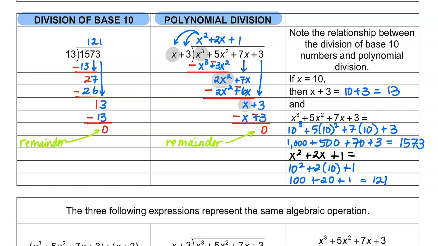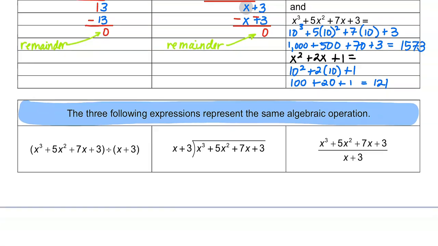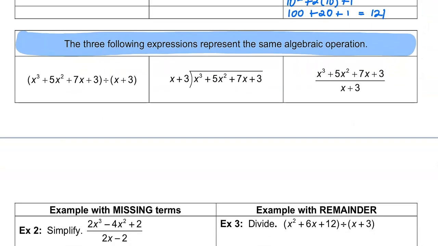Okay, so then you'll see here the next part. The three expressions represent the same algebraic operation. I just want to point this out.